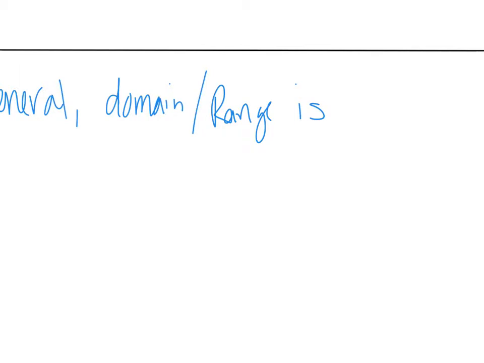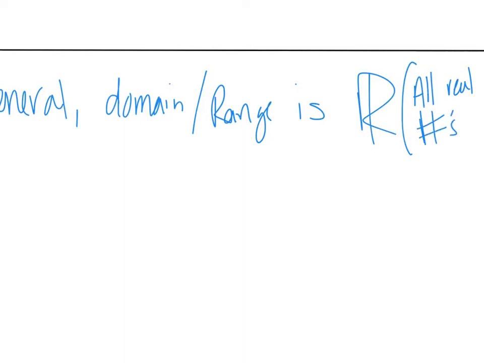Now this symbol might be familiar to some of you, probably foreign to most of you, but the symbol for all real numbers, I don't know why people just got tired of writing all real numbers, but it is an R with a line through it like that. That symbol means all real numbers. I'll put that in parentheses.